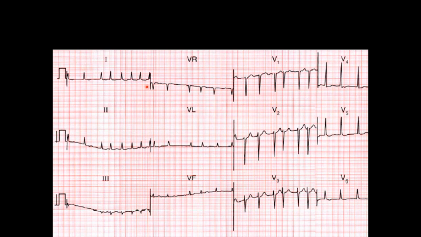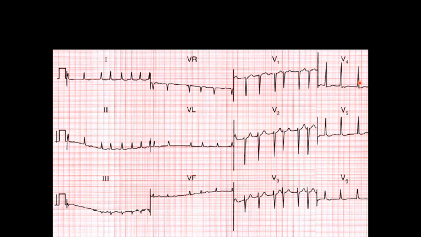Now count the number of R waves. 1, 2, 3, 4, 5, up to 21. So there are 21 R waves in 50 large boxes.